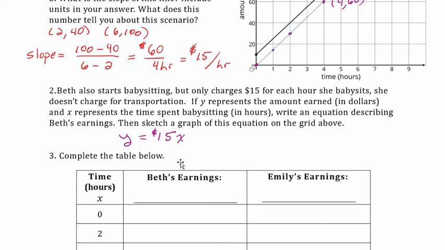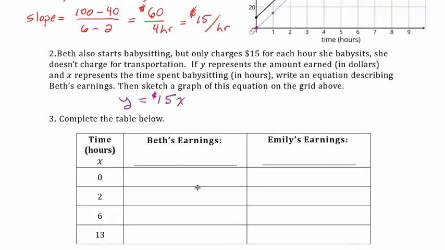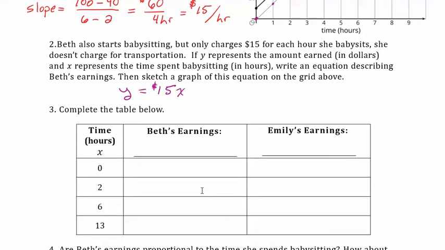All right, so we're going to complete the table below. And let's see if we can write an equation here. So we had Beth's earnings was y equals $15 times x. Now what about Emily's earnings? What would her equation be? Her equation is going to be y equals what?